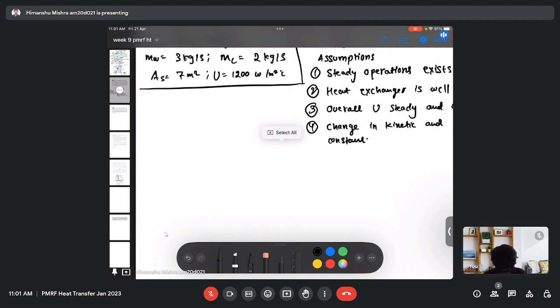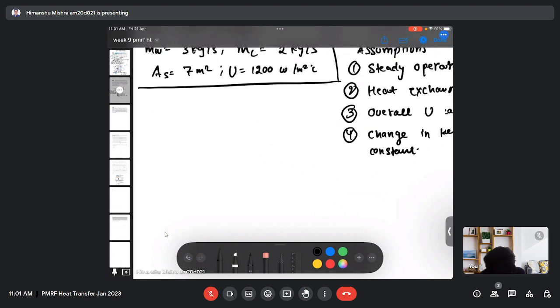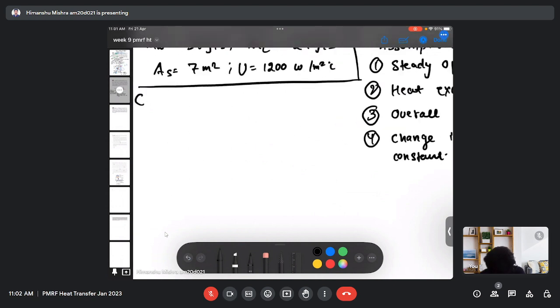So let's find the heat capacity rate of both hot and cold fluid. For the hot fluid, my heat capacity rate is the product of flow rate and the specific heat of the hot fluid, which is for the chemical here. Sorry, water here. It is 8.36 kilowatt per degree Celsius.